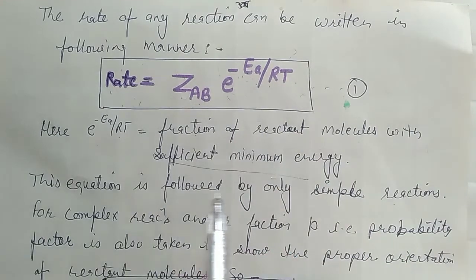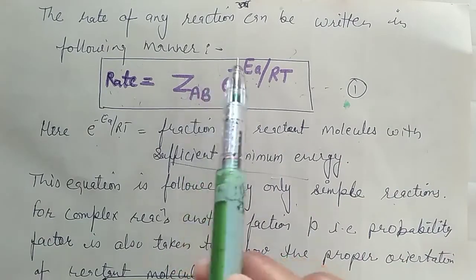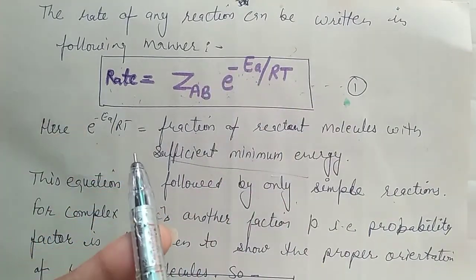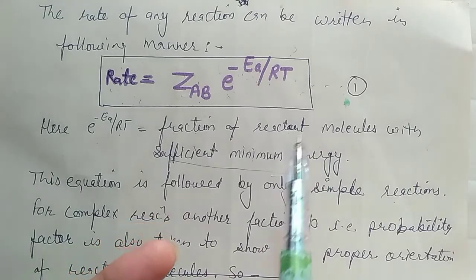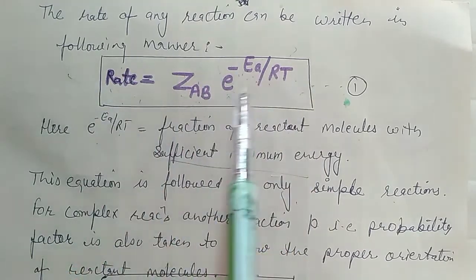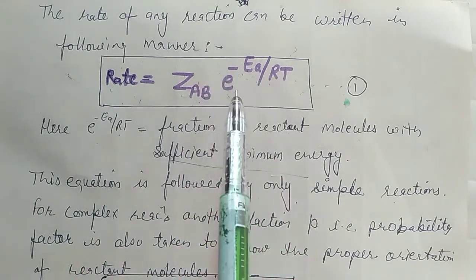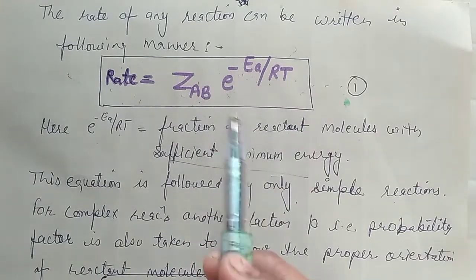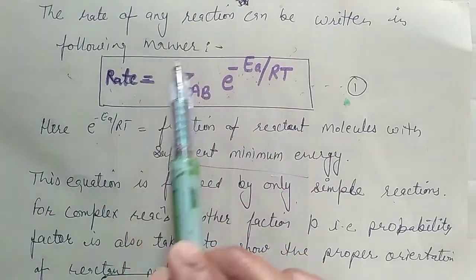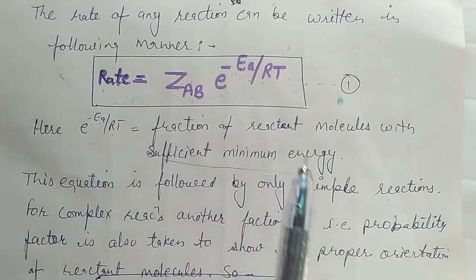This equation is followed by only simple reactions, but here the second compulsion, that was the proper orientation, is not shown. So we have to show the proper orientation also in this rate equation to explain complex reactions also.